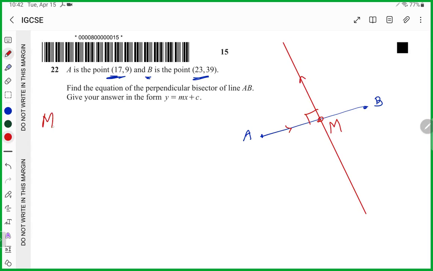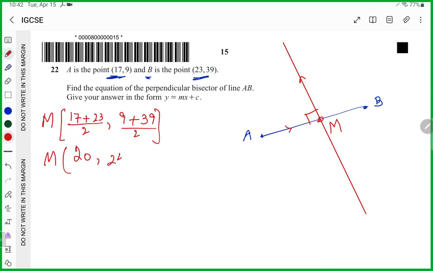For the midpoint, it's going to be 17 plus 23 over 2, and then 9 plus 39 divided by 2. So the midpoint is 40 divided by 2, which is 20, and 48 divided by 2, which is 24. So (20, 24) is the midpoint of AB.